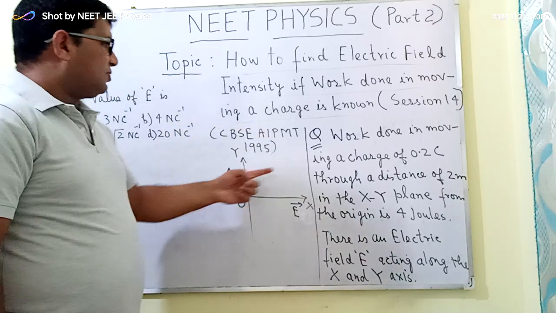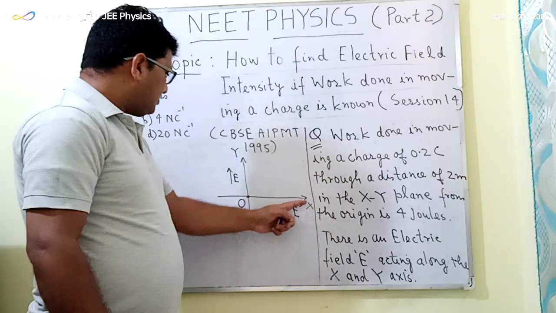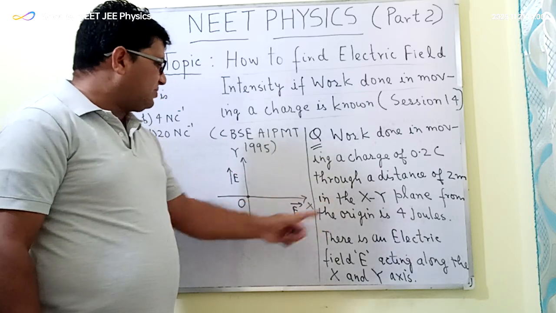The work done in moving a charge of 0.2 coulomb through a distance of 2 meter in the xy plane from the origin is 4 joules.